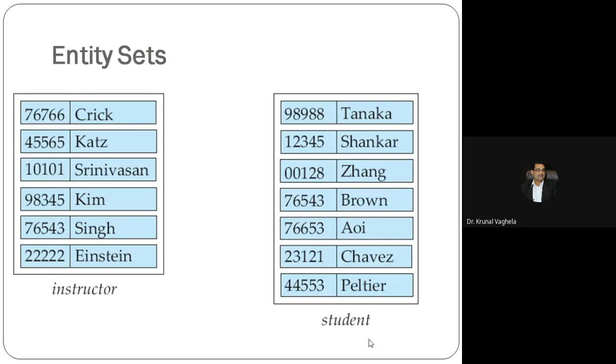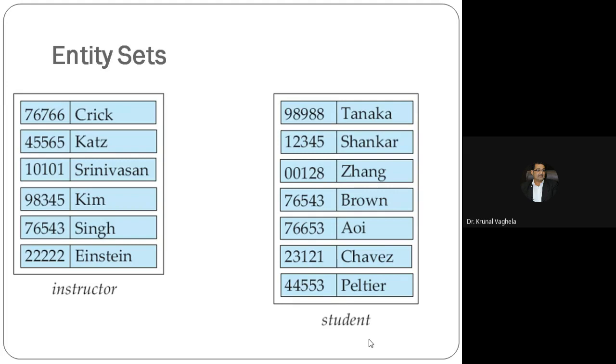Right? Now tell me, in the entity set instructor, what are the attributes? Because entity set, attribute, value, these three things we did yesterday. What do you call attributes here in the left hand side table? Those numbers are values. What are the attributes?